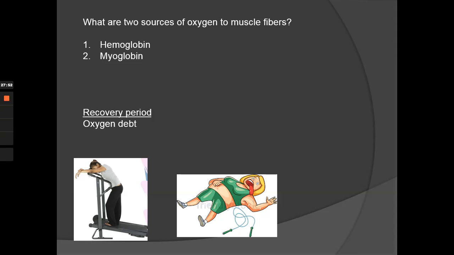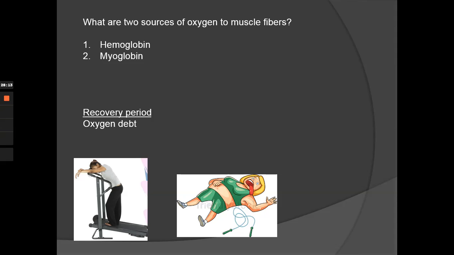So the more you exercise, the more efficient your body gets at delivering that oxygen to the inside of the cells. And the more that you exercise, you will decrease the time period for that recovery period. And you probably noticed that.